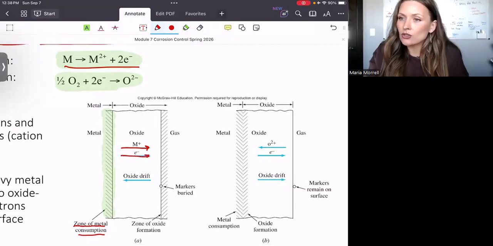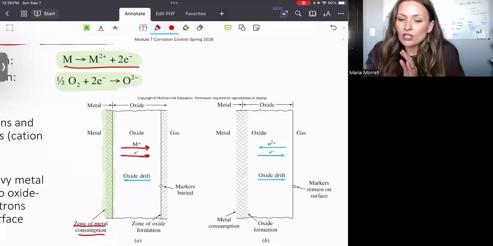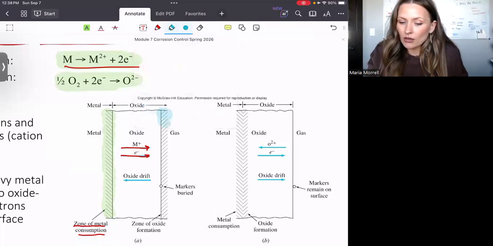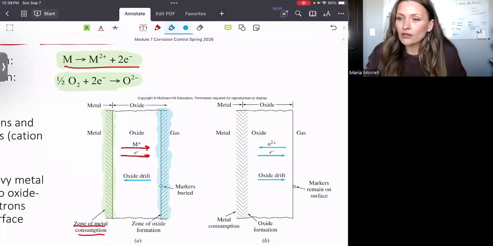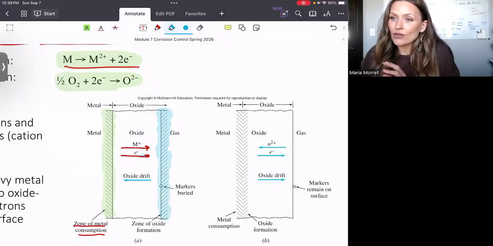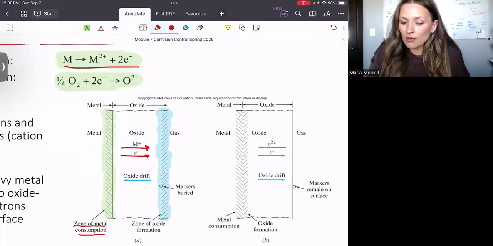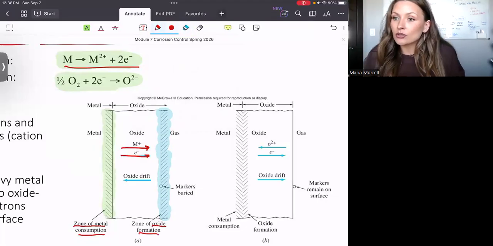Along with their electrons. And then once they reach the outer surface, I'm going to use it as the pink, blue color. They react with the gas on the outer surface, and this is where the metal oxide is produced.